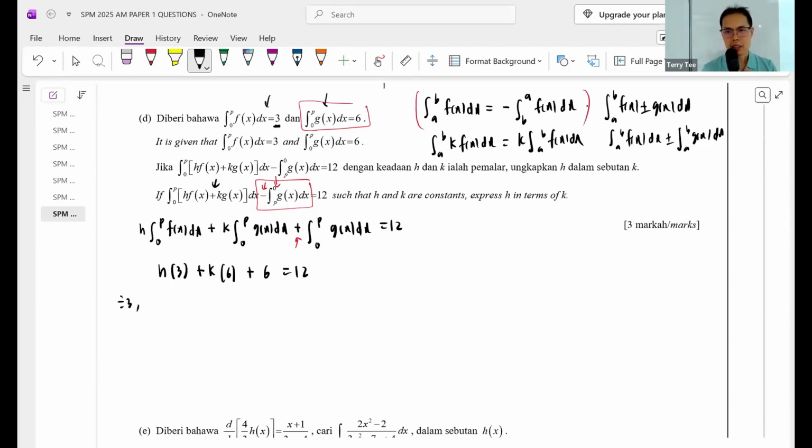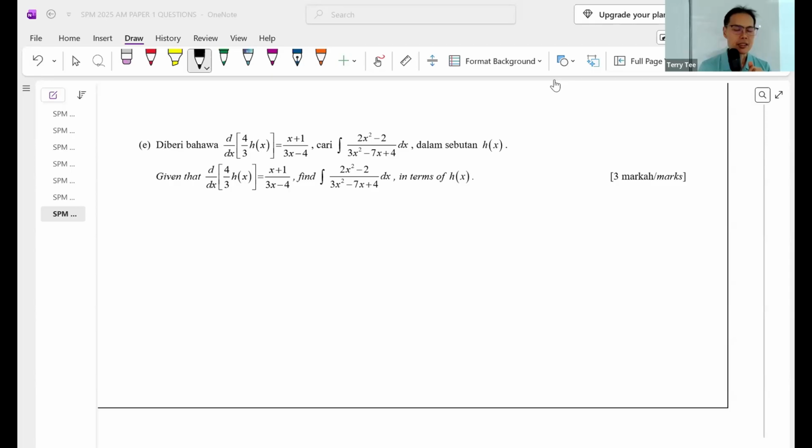Divide by 3. Why? I can see all of them are divisible by 3, and I want to find h. If you divide by 3, you get h. This is 2k plus 1 more 2. 12 divided by 3 is 4. Bring over, h is what? 4 minus 2 is 2. 2k thrown to the right-hand side becomes negative 2k. Answer: h is 2 minus 2k.